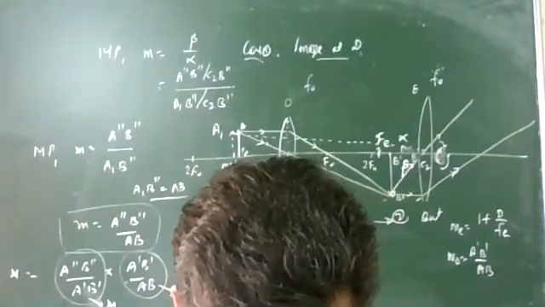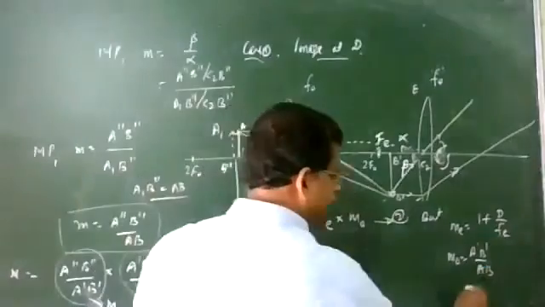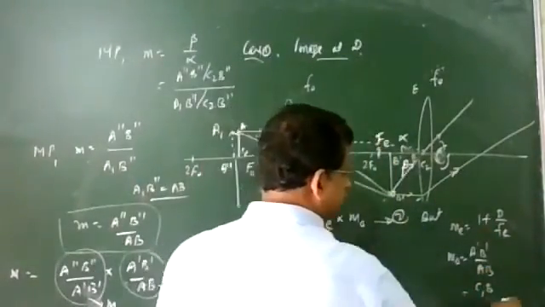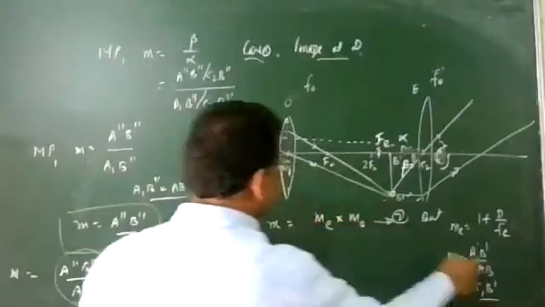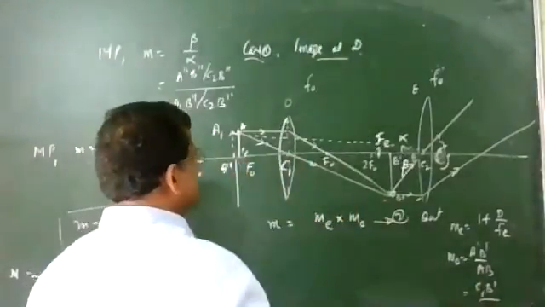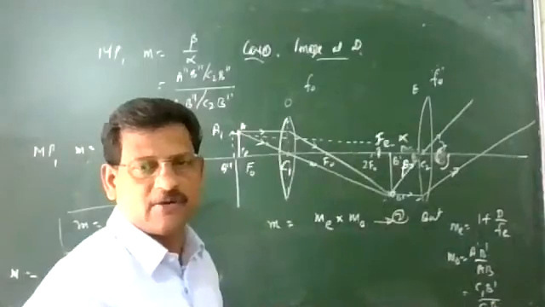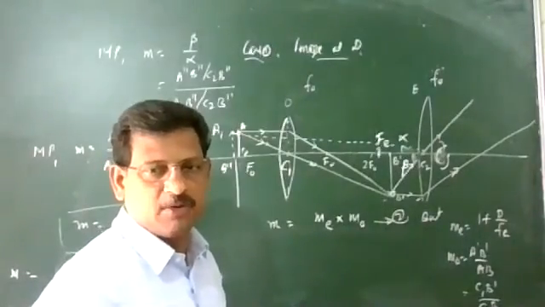So this will be equal to C1 B dash divided by C1 B, that is image distance upon object distance.